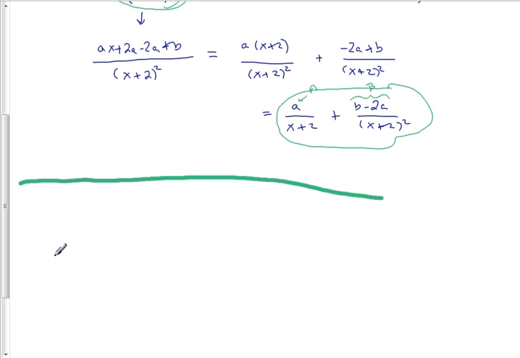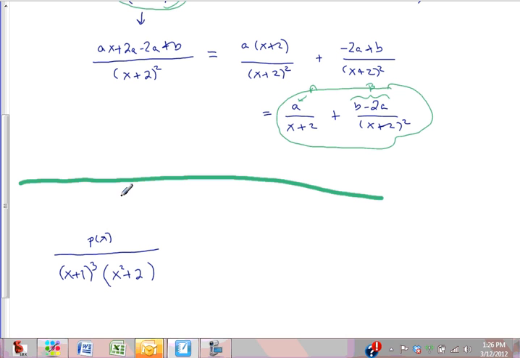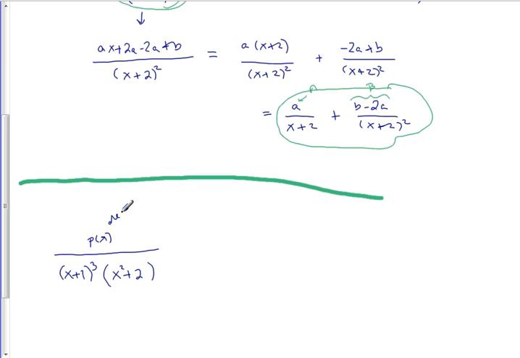So suppose I've got a cubic in the denominator, x plus 1 cubed, and then of course let's put that other factor in just so we have something to balance it out. Let's make it an x squared plus 2. Okay, and then of course that's going to be what, a 5th degree polynomial, right? So we need some polynomial in the numerator of degree less than or equal to 4, to be proper.